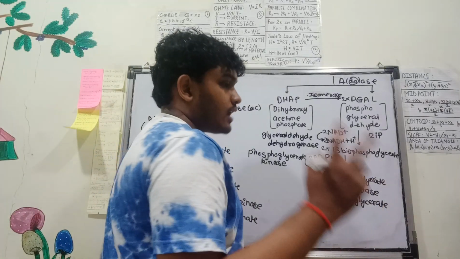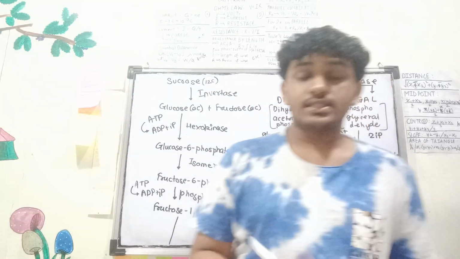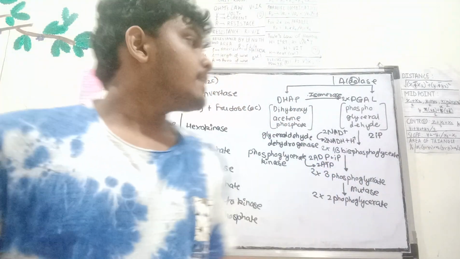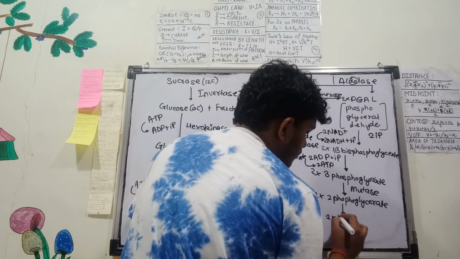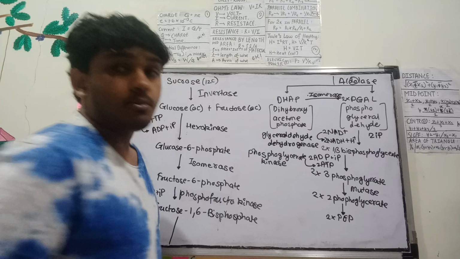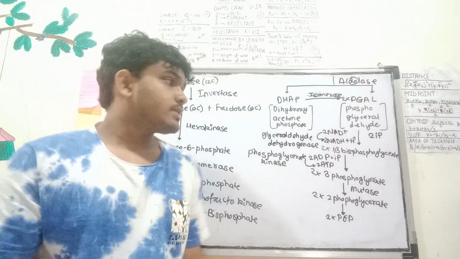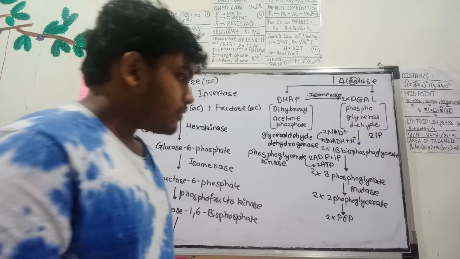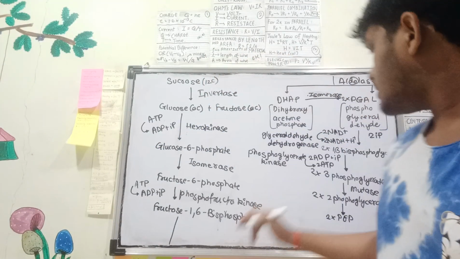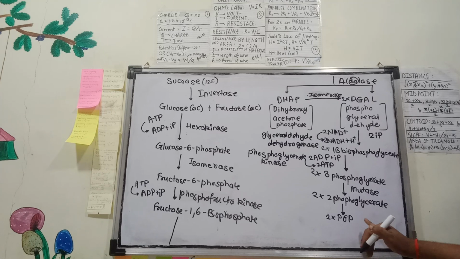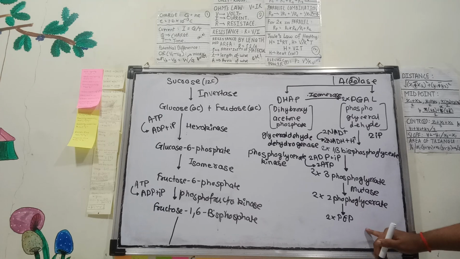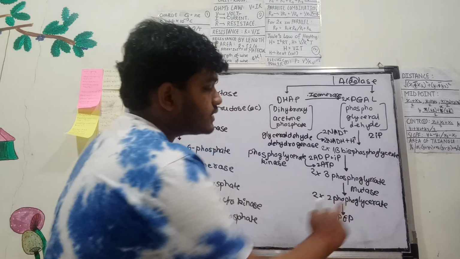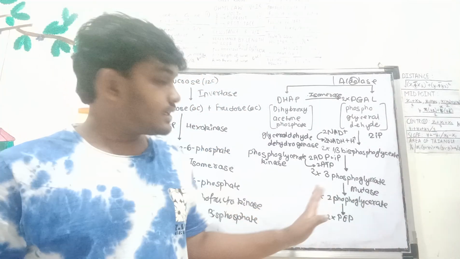Now there are only 2 steps remaining in glycolysis, and these 2 steps are filled with exceptions. The first step is, of course, 2-phosphoglycerate converting into phosphoenol pyruvate. The full form of PEP is phosphoenol pyruvate. Now, to remember the enzyme of this step: phosphoglycerate is converted into phosphoenol pyruvate, so there is no addition of phosphate or any removal of hydrogen.